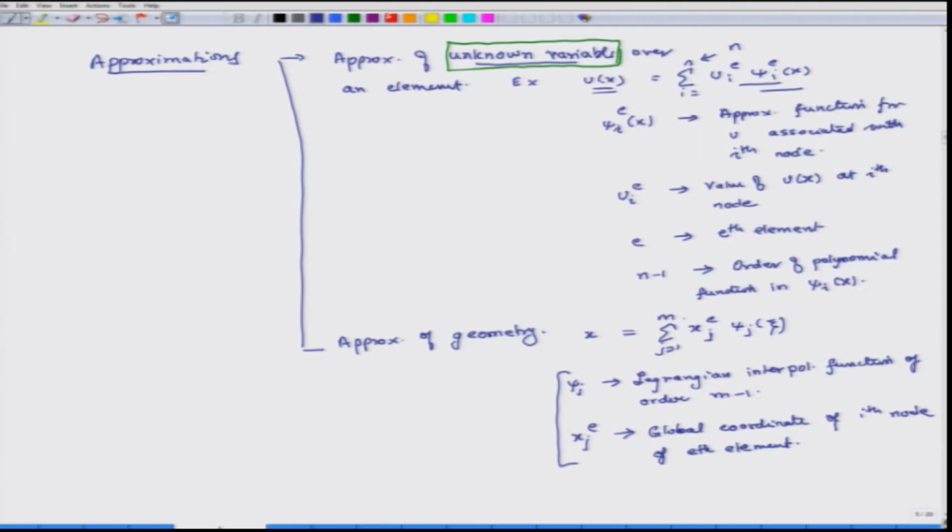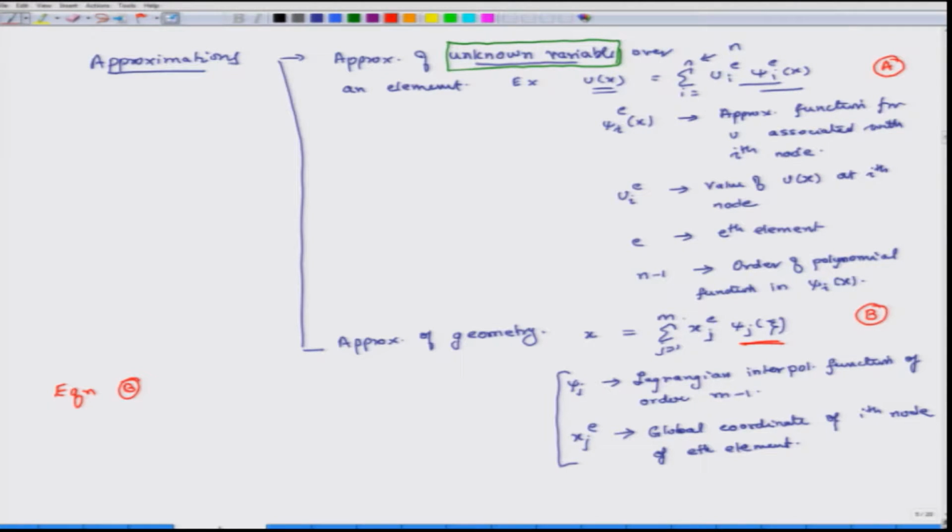Now, let us call this equation A, let us call this equation B. Now, equation B, what does it represent? It represents the shape of the element, right. If I plot, it represents the shape of the element.